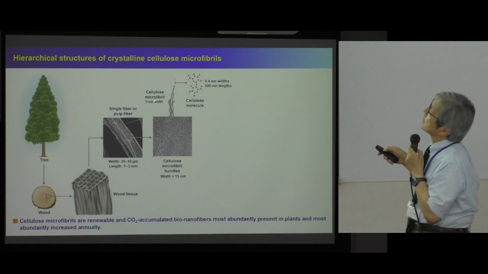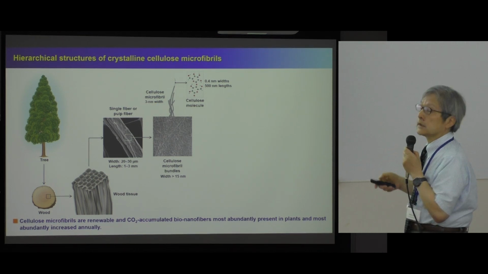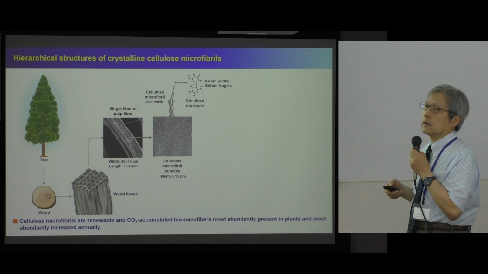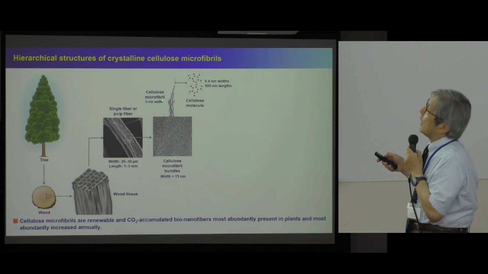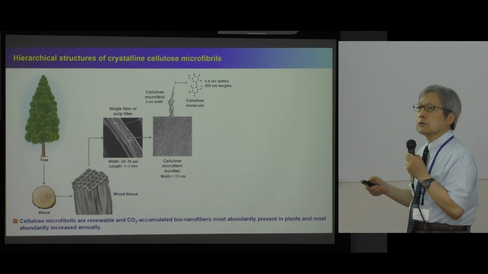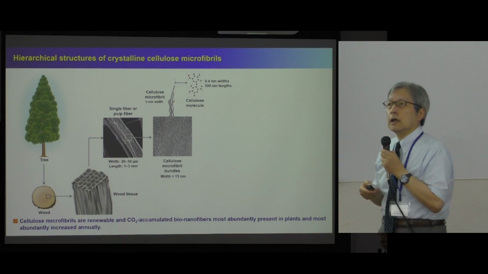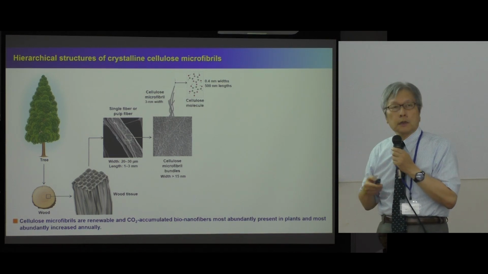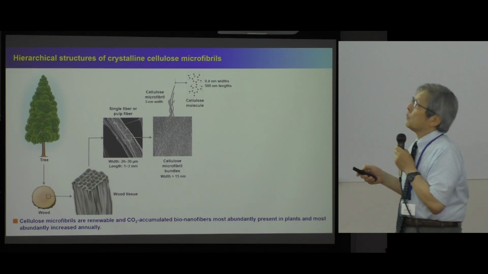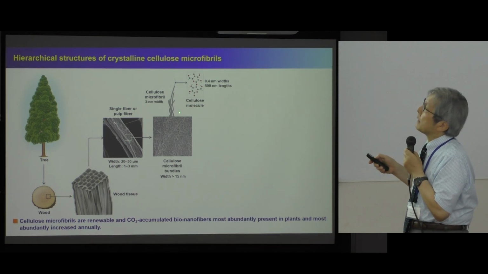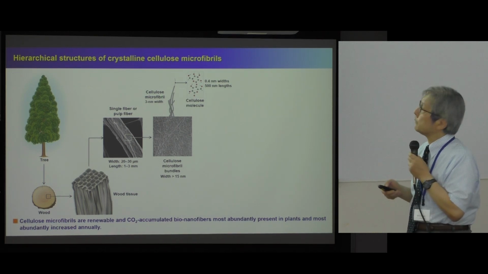One cellulose microfiber consists of 30-40 cellulose chains. However, in between cellulose microfibers, numerous hydrogen bonds and also van der Waals forces attach them to each other. So far, we could not separate the cellulose microfibers to be used as cellulose nanofibers.